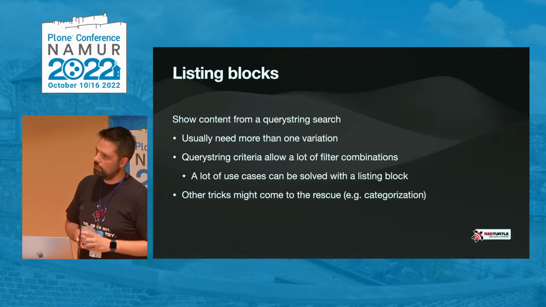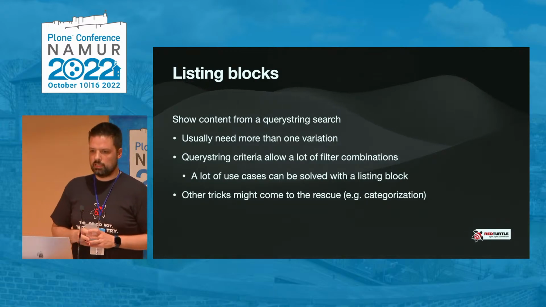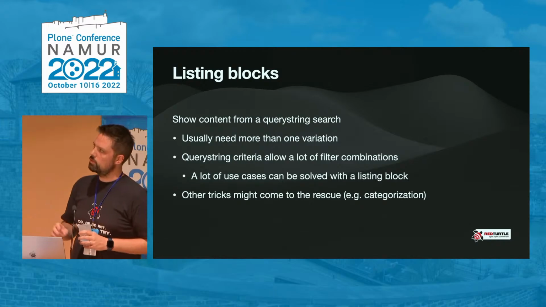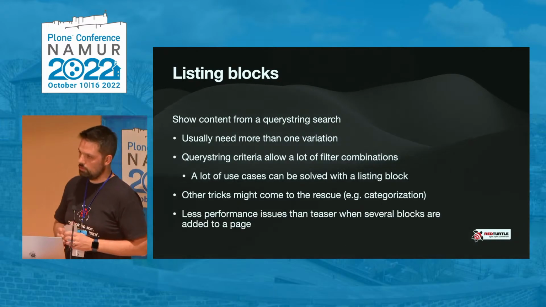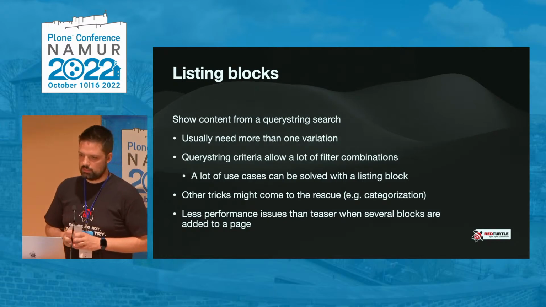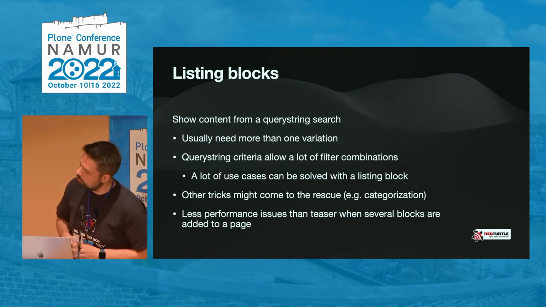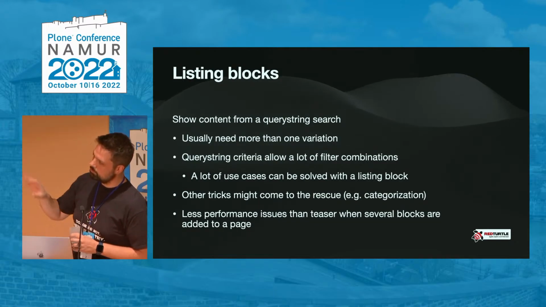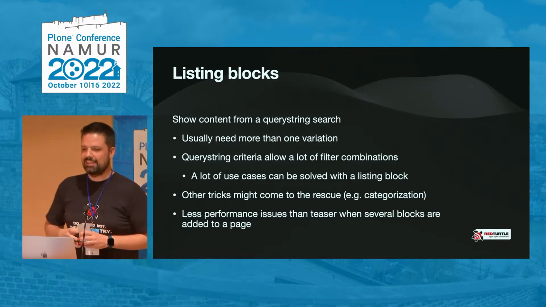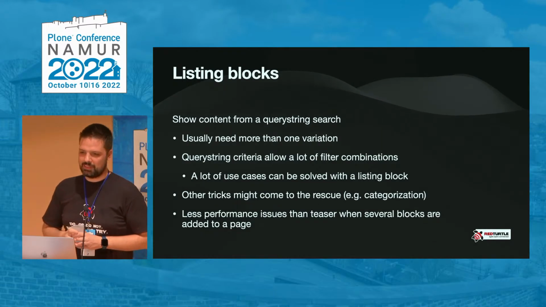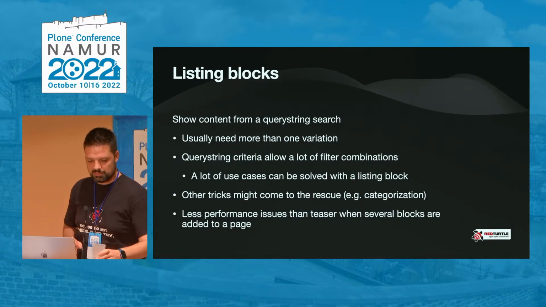So why not have a highlight category and use that to put some specific news on my homepage and save some calls to the backend, to the REST API, save some back and forth. Because it can, I believe, it's probably too bold to say less performance issues, but it can be more performant than using multiple teaser blocks. It can be. It depends on a lot of factors.